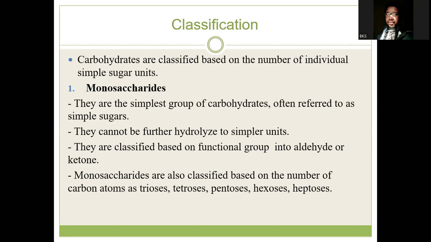Those with 5 carbons are called pentoses, just as we explained when discussing nucleic acid, where we mentioned a sugar that is a component of nucleic acid. Ribose sugar, we say pentose sugar. We also have hexoses, 6, and the highest we have seen is hexoses, although it's possible to have more than that.